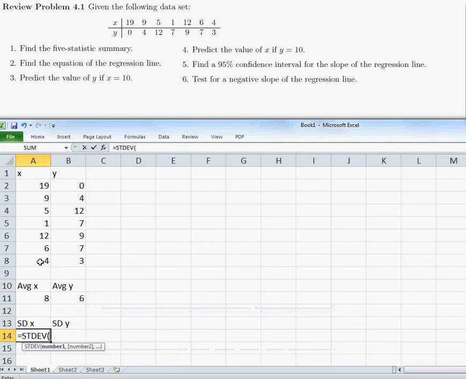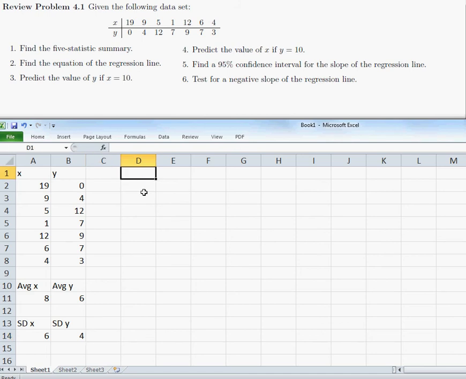And the standard deviation of the x values works out to be 6, while the standard deviation of the y values works out to be 4. That's using Excel. There are also commands on the TI calculator, which if you input the list, you will get the x and y values.